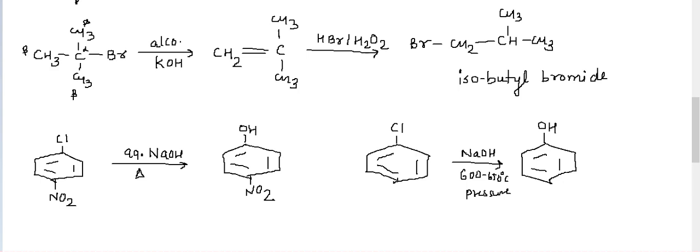Okay, so only then this reaction is possible, but the product yield is also not very good. Because nucleophilic substitution is not possible in case of aryl halide, but we can do this nucleophilic substitution whenever there is an electron withdrawing group like NO2 present on ortho and para position or on either of the positions. So this was the one.